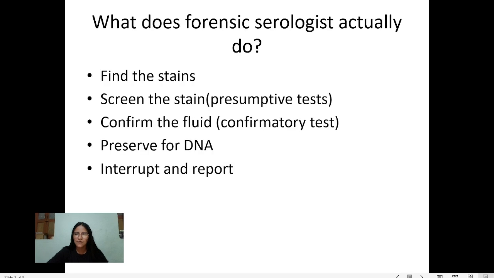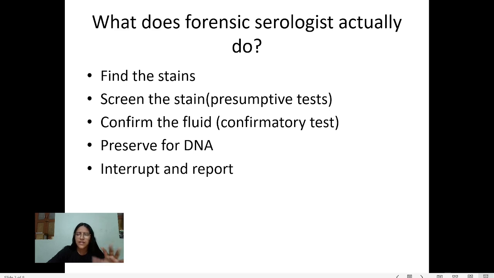So, what does a forensic serologist actually do? The first and foremost thing that they do is to find the stains. They look with the naked eye or with flashlights or even special light sources. They look for the evidence very carefully because finding the body stains is the most important thing in forensic serology.